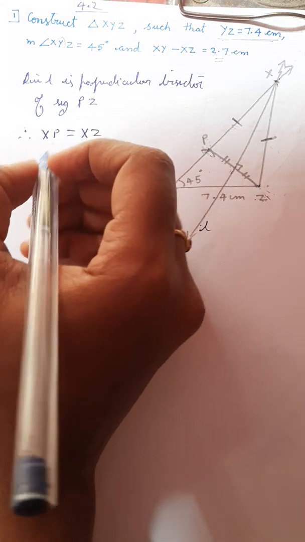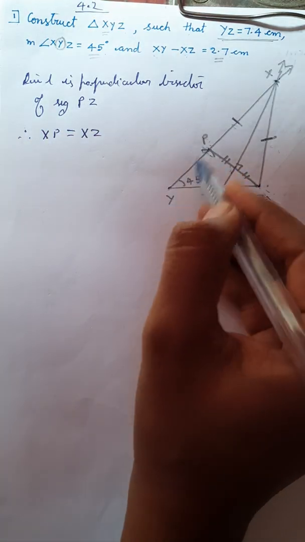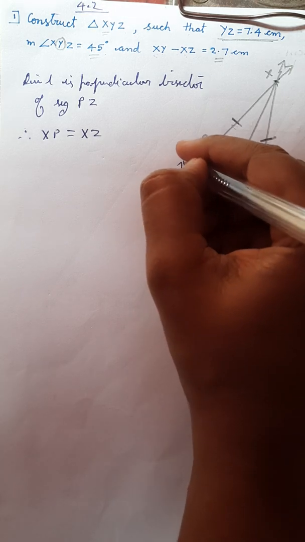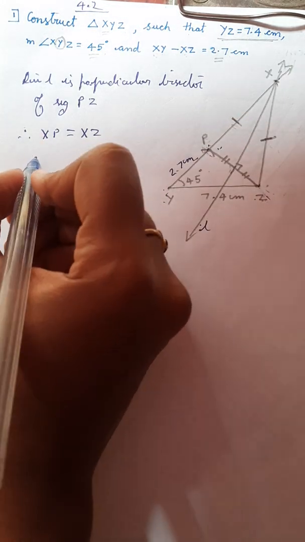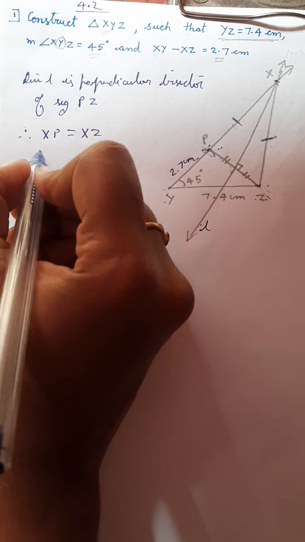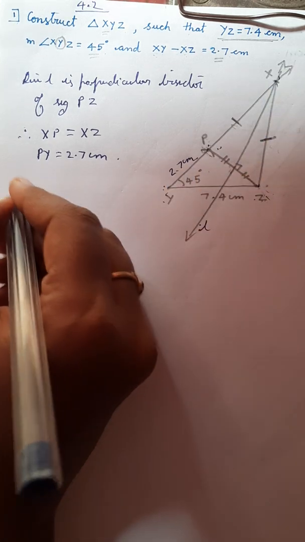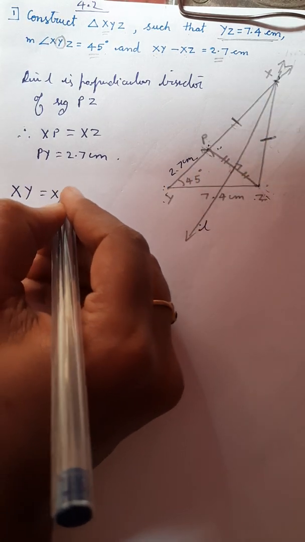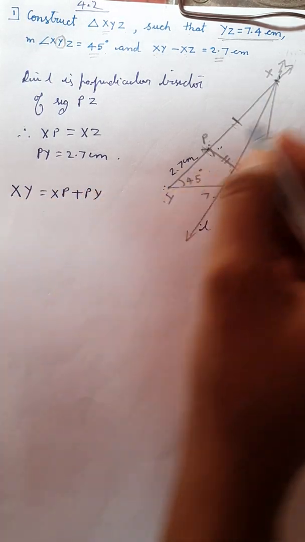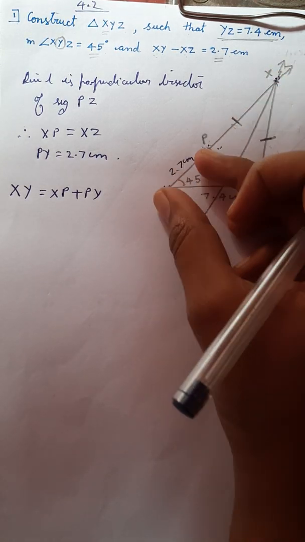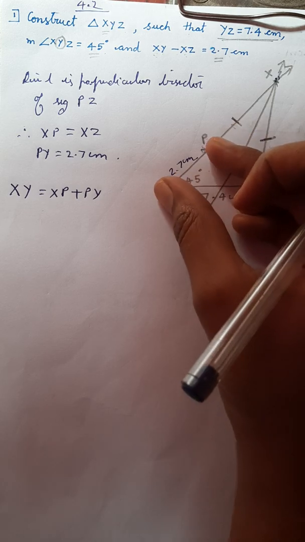Now here we know the PY measure is 2.7 centimeters. Theoretically I am proving this. PY is equal to 2.7 centimeters and XY is equal to XP plus PY. See, this is the full length XY, so inside this full length we have two parts, one is XP, another one is YP.